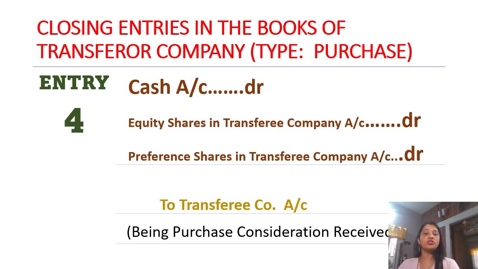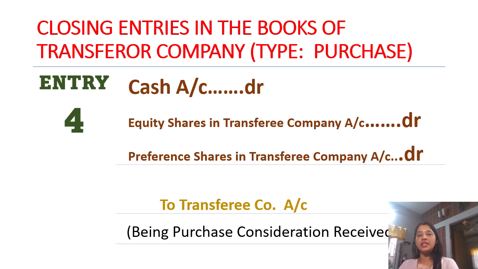So the fourth entry is for receiving the purchase consideration. After passing the entry for PC due, we will pass the entry for purchase consideration received. Purchase consideration may be received in the form of cash, or equity shares, or preference shares. And who is giving the PC? The transferee company is giving the PC. For you, the transferor company, cash is coming in, so cash account is debited.